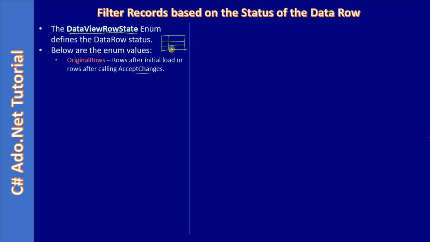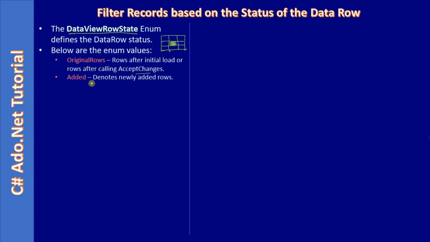Let's say that you modified a specific row, right? After that, you made a call to accept changes. So when the row is modified, it will be in dirty state, but once you accept the change, once again all the rows become original. So in this, the second row is modified, but since the change was accepted, it becomes original.